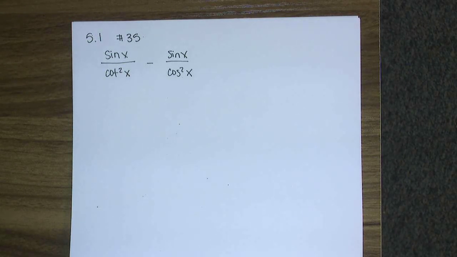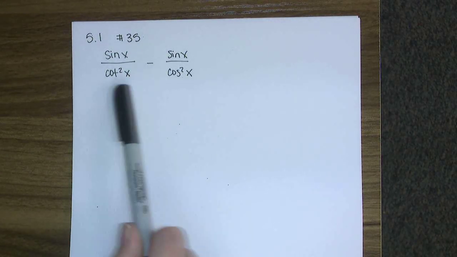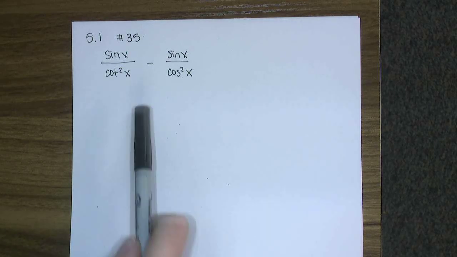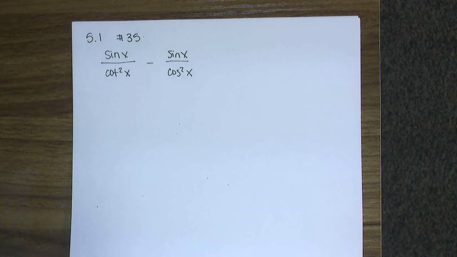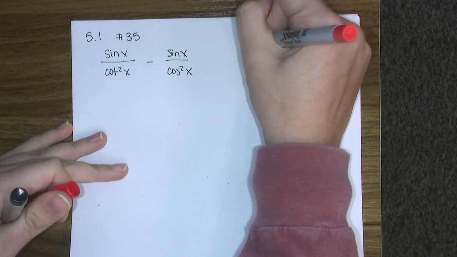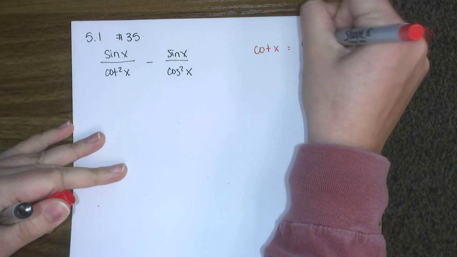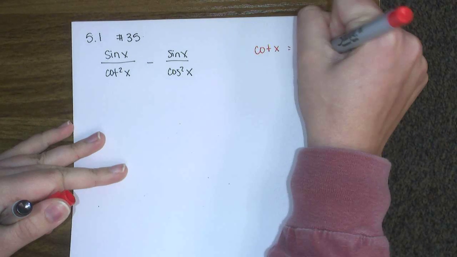So we need to look at how to rewrite it, because right now these don't have a common denominator, so I can't combine them. I could just go ahead and get a common denominator, but probably the better way to go about this is that we know that cotangent of x is equal to cosine of x over the sine of x.